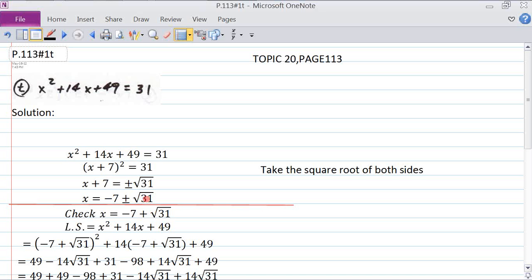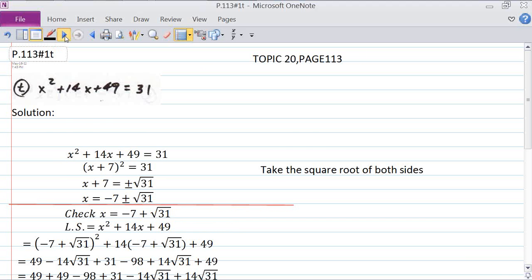So I know that 31 lies between 25 and 36, sort of halfway. So I know this is going to be approximately 5.5. So I could take minus 7 plus 5.5 would give me one of the solutions, and minus 7 minus 5.5 would give me the other solutions.